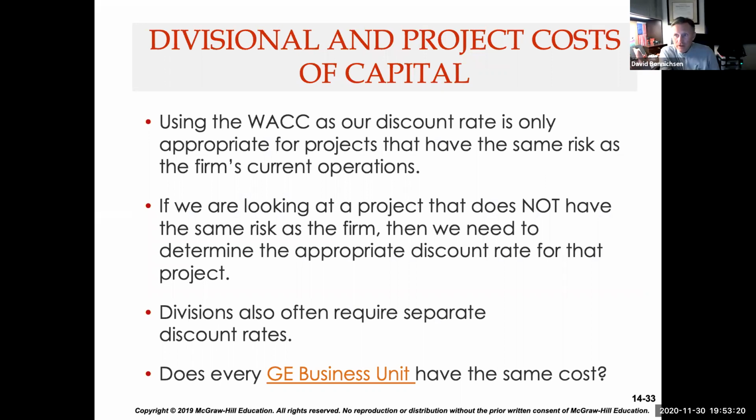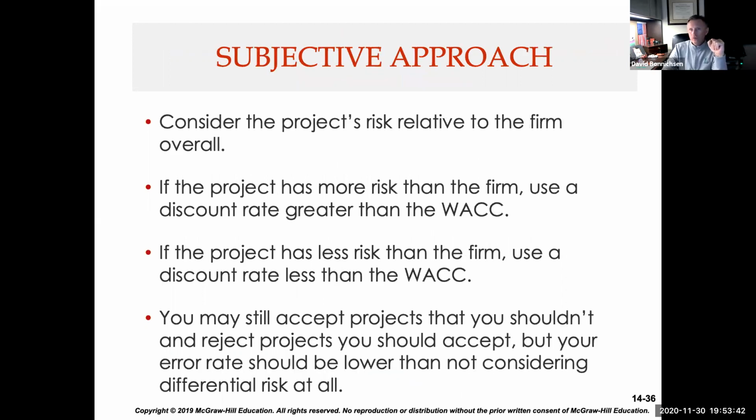We talked about divisional and project costs and how it's important to look at the divisional level, even the subdivisional level, depending upon how large your company is and the project you're looking at. But you can't always just use the parent level WACC. We have to consider the project's risk relative to the overall firm. If the project has more risk than the firm, we've got to use a discount rate higher than the WACC.